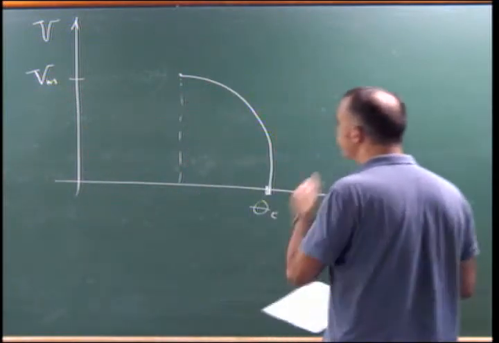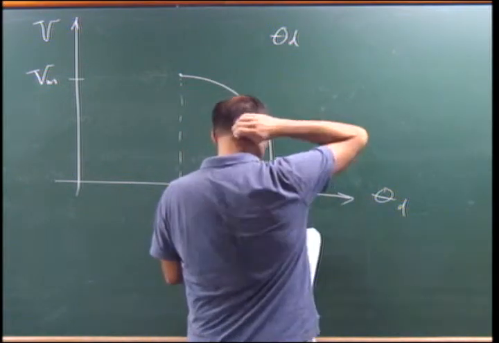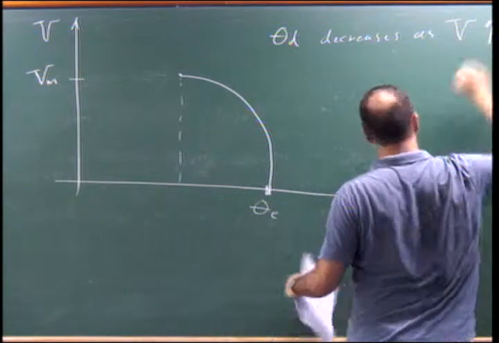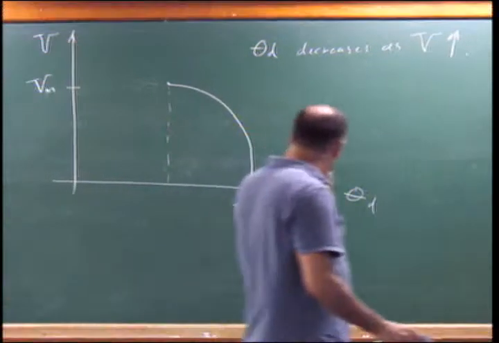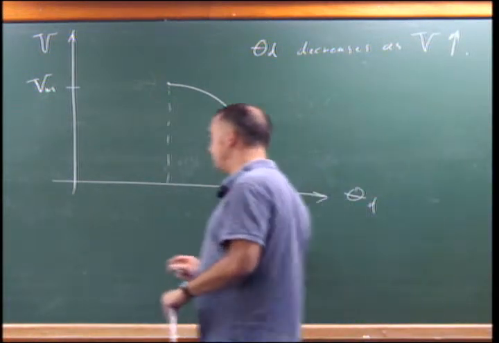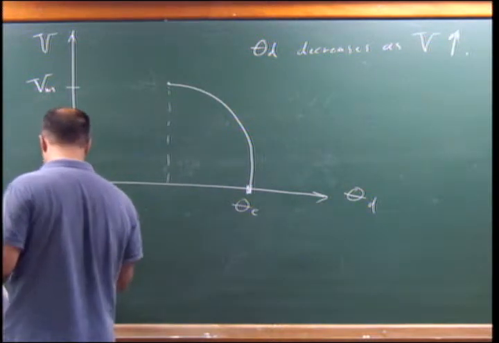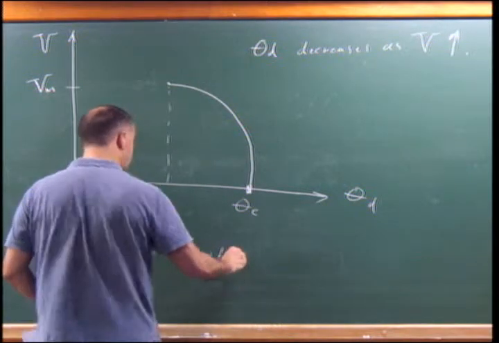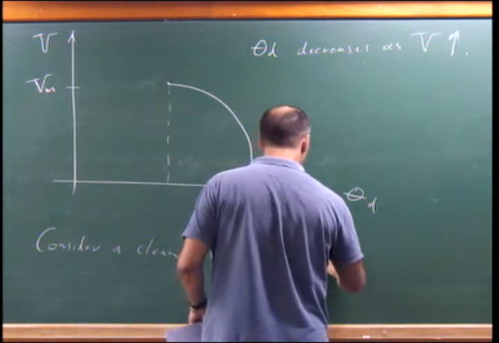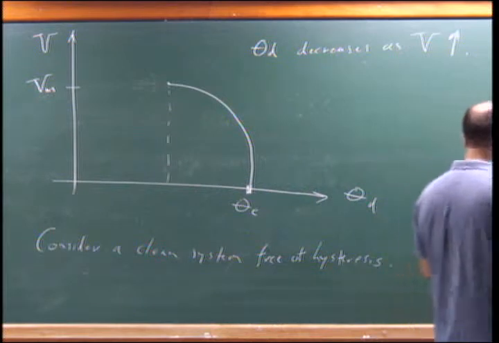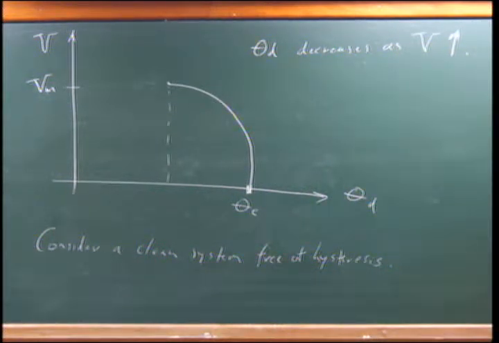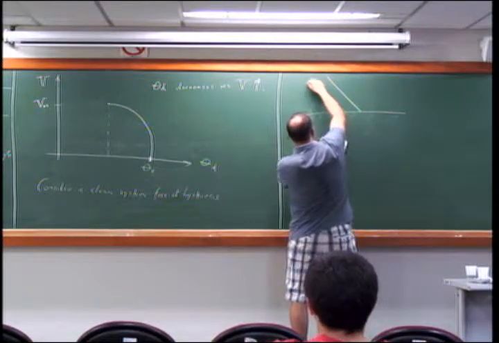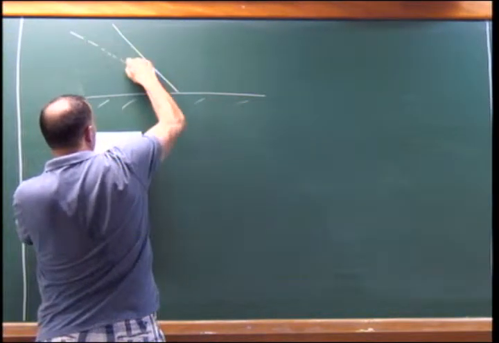How do we rationalize this? Well, we see here that theta d... Okay, so if we have a contact line advancing, let's say the equilibrium value was this.